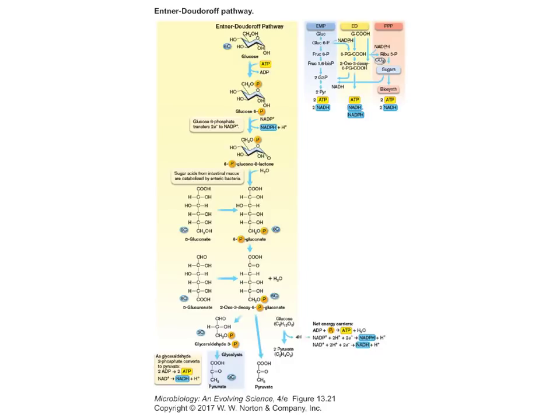So in this pathway, if you notice, the first step is the same, right? So you end up with this glucose 6-phosphate. And then the key next step is that you're going to get this NADPH versus the NADH.